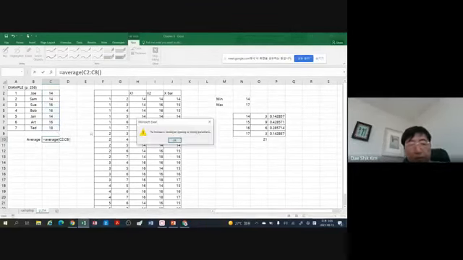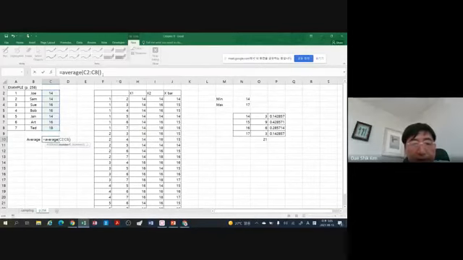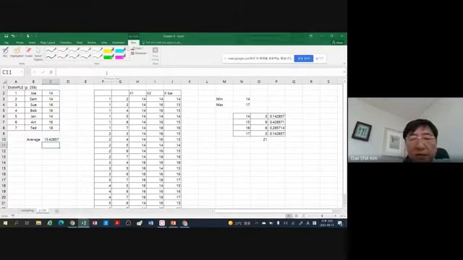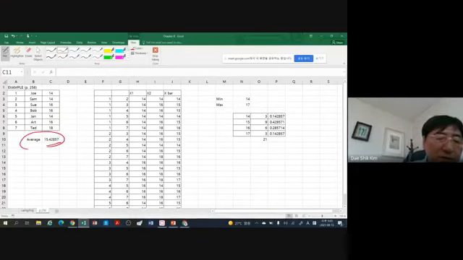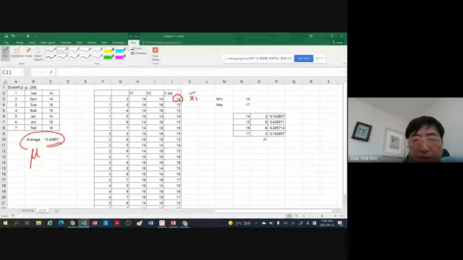This is mu, the population average. This is x1 bar, the first sample mean. This is x2 bar.